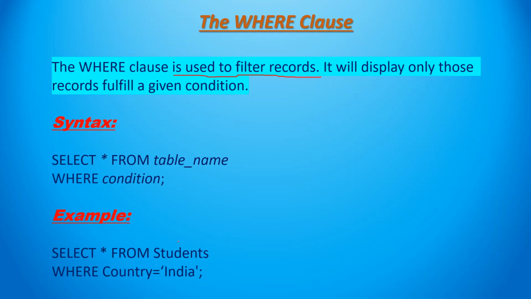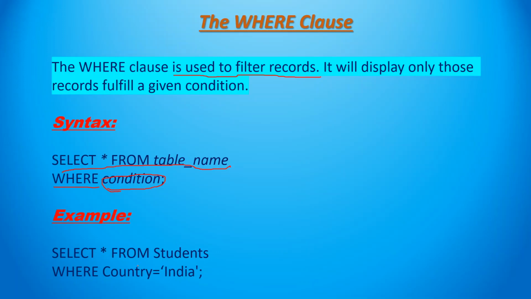The syntax for the where clause is select asterisk from table name where, and where is a keyword. Then here you can specify the condition on which the data will be selected from the table. Like here we have written select asterisk from students where country equals India.